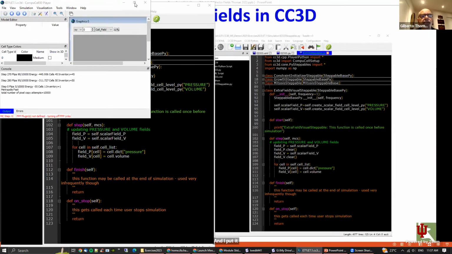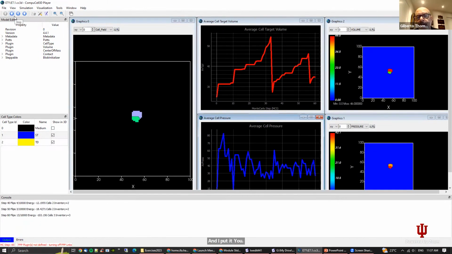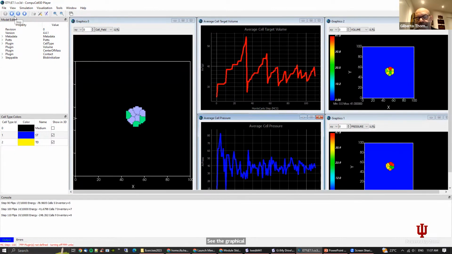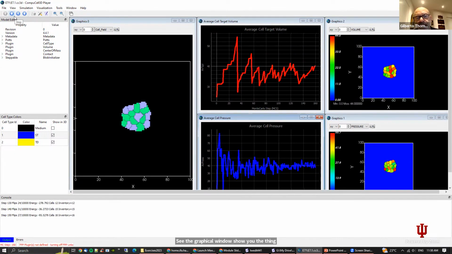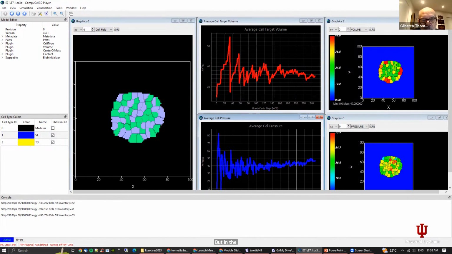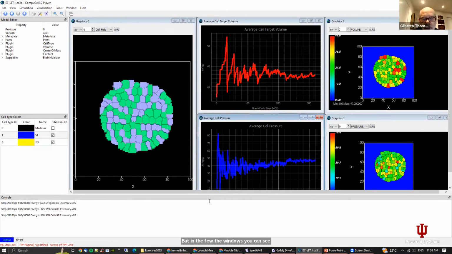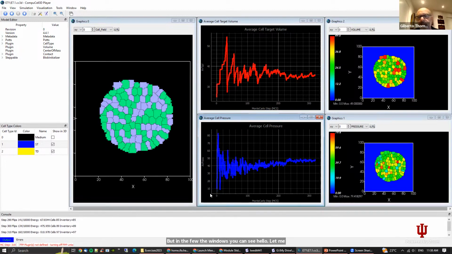wow, why is that? See, the graphical windows show you the thing you already know from the previous exercise. But in the field windows, you can see how, let me stop here to analyze the windows. For example, this volume window, we have a color bar here, which relates the size, the volume of the cells with a color in the simulation.